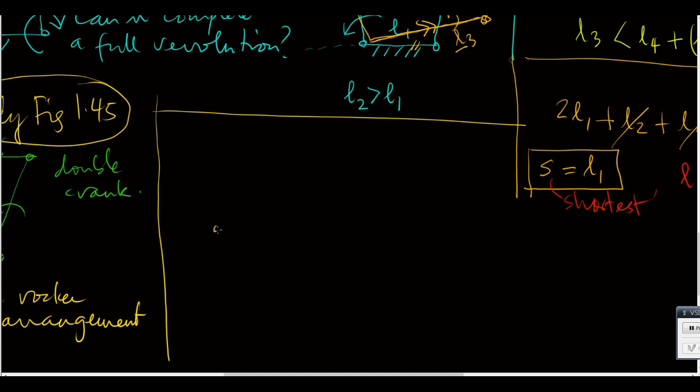So let us say I have a slider crank mechanism. Let us say this is the crank radius R, this is the connecting rod length L. Do you think this will go round and round, or will it not? We should be able to do this using the Grashof criterion.